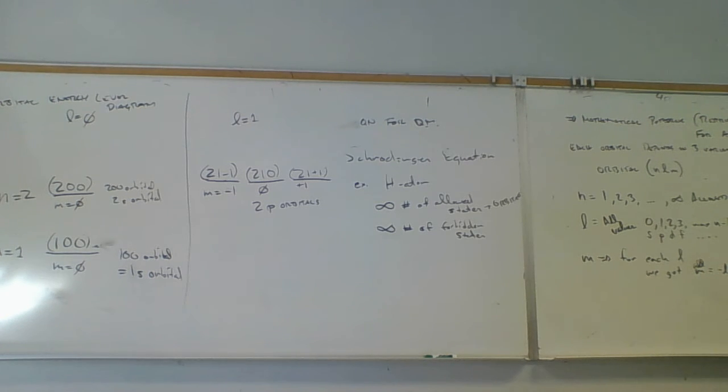And so this is the 2, 1, minus 1. This would be the 2, 1, 0, and the 2, 1, plus 1. And the only difference is the orientation. They're all exactly the same, except this one's oriented on the x, this one's oriented on the y, and this one's oriented on the z.